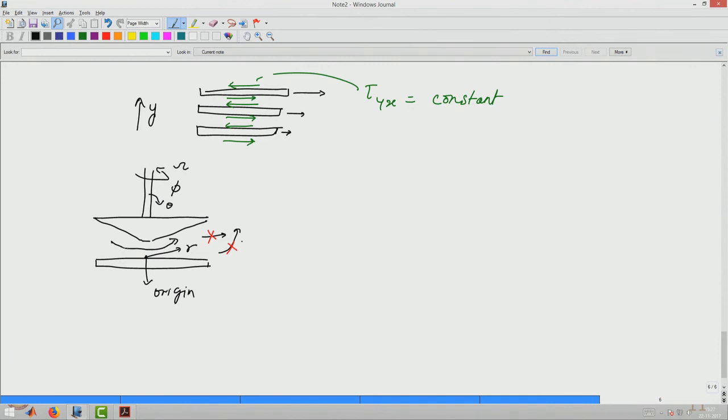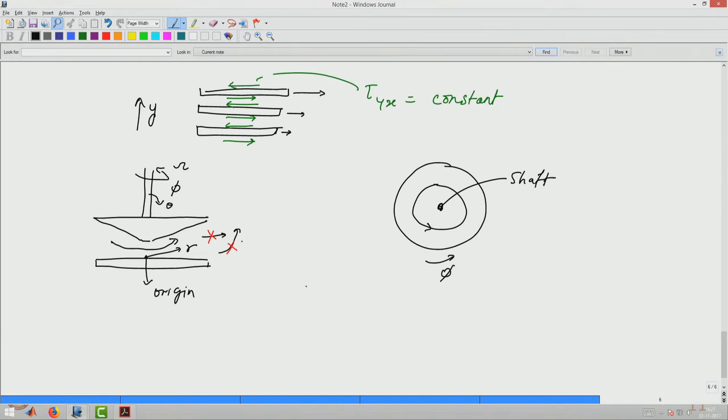So, we expect the fluid to rotate. If I look at it from the top view, where this is the top cone and this is the shaft, then I expect the fluid path lines to be basically circular. So, we only have motion in phi direction, and there is no motion in theta direction, or in the radially outward direction.